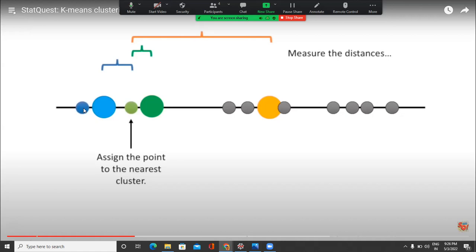The distance of each data point from these randomly chosen points is measured. And see, this dark blue data point is closest to the randomly selected blue circle. So it will be in that cluster, the cluster of the big blue circle. Similarly, these 3 clusters are found.